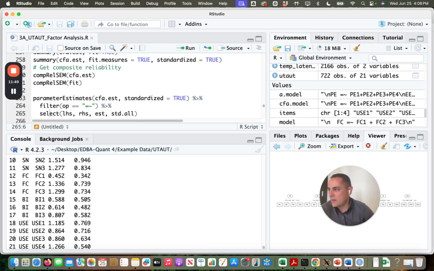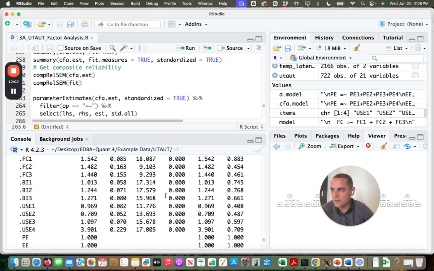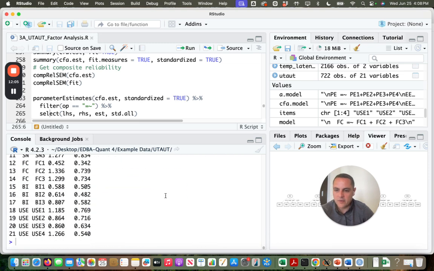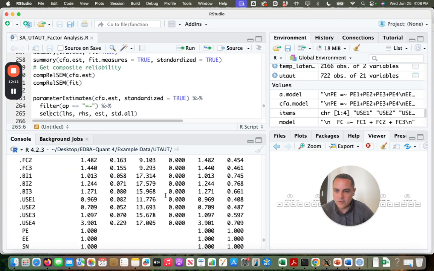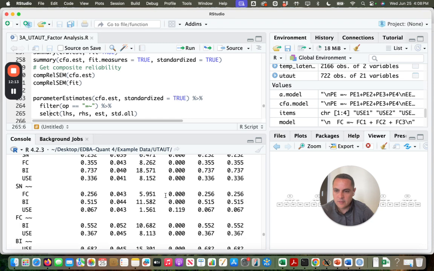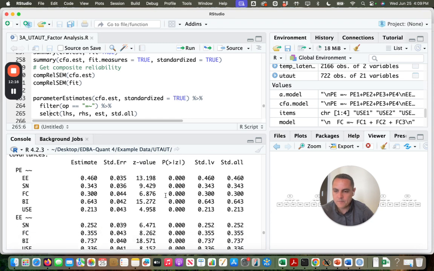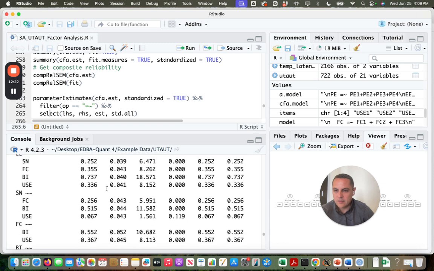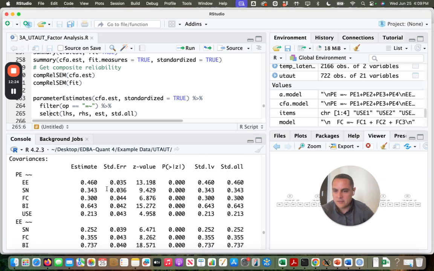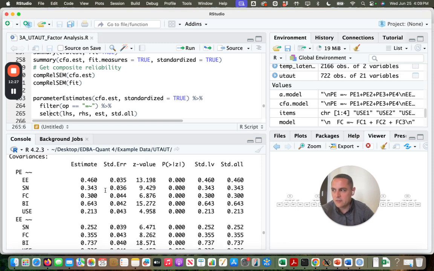Another important thing we could look at is the covariances between the constructs. If we look at that, let's go up. Let's look at PE, and then, yeah, there you go.